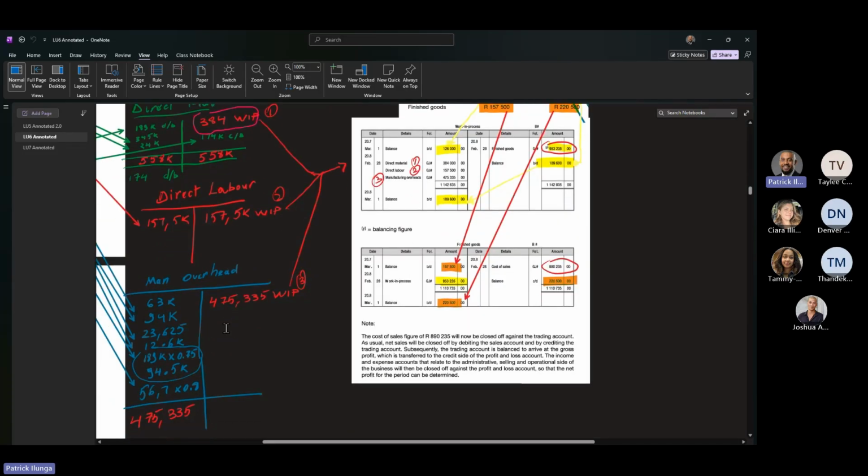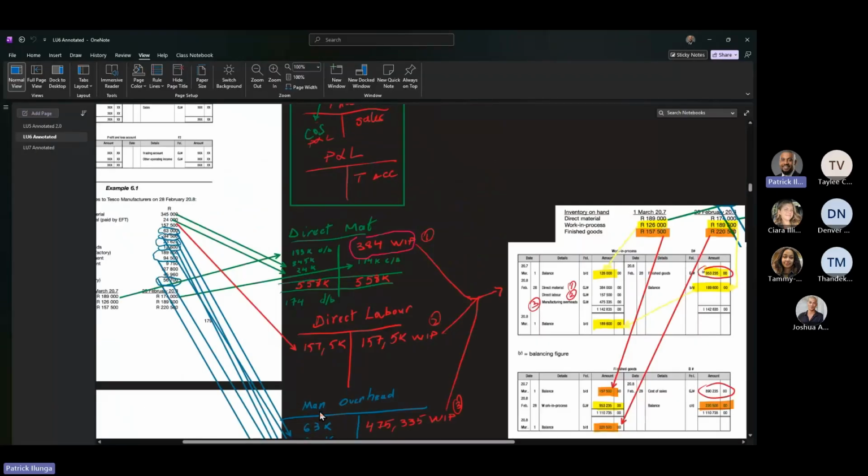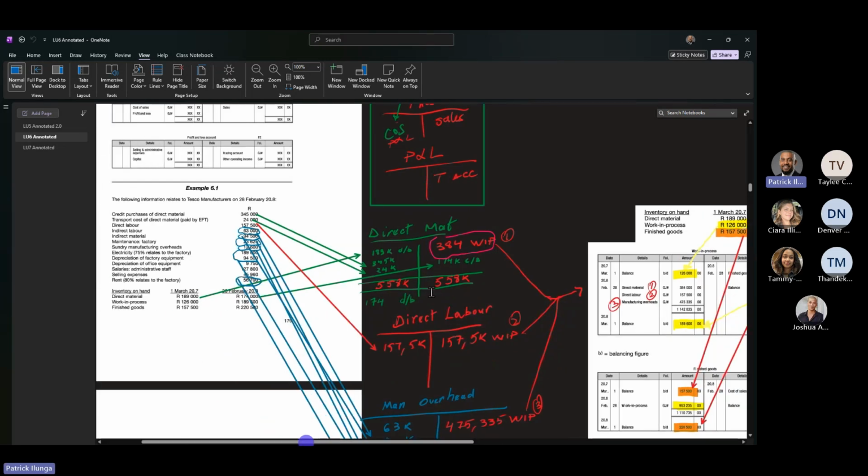If you say, but how will I know where to put what? No, you can't ask me that question because I've provided everything for you. I've shown you where you take this amount. And that's the reason why before even you do this example, you can try it on your own and struggle by yourself. And then say, okay, but where did they find this amount, that amount? Then you come here to your OneNote.